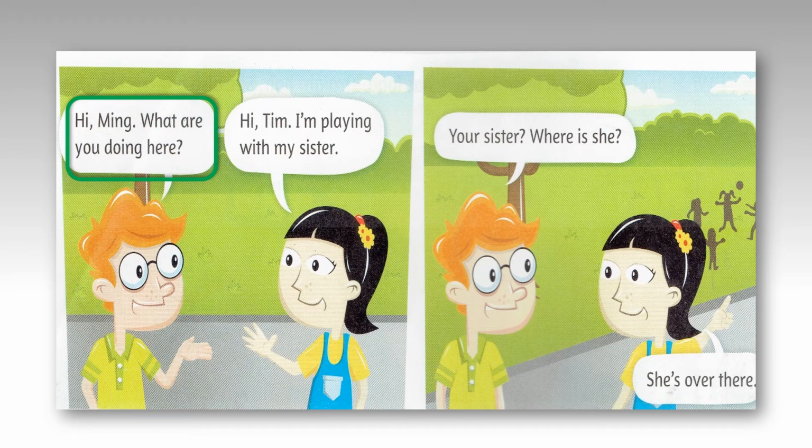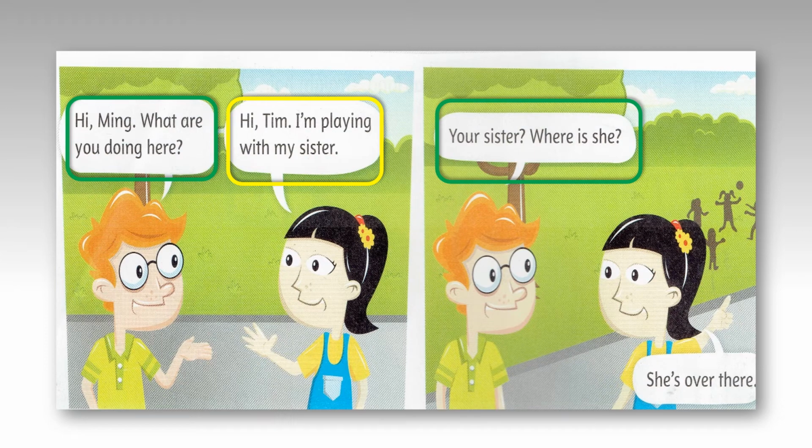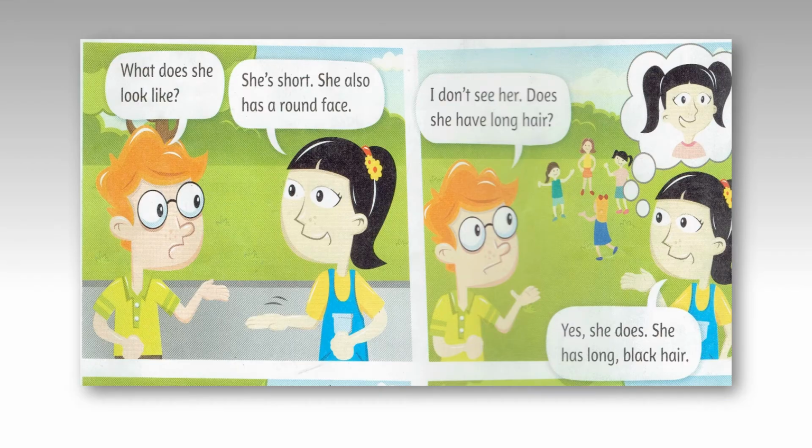Hi Ming, what are you doing here? Hi Tim, I'm playing with my sister. Your sister? Where is she? She's over there. What does she look like? She's short. She also has a round face.